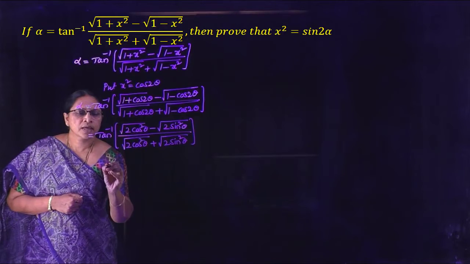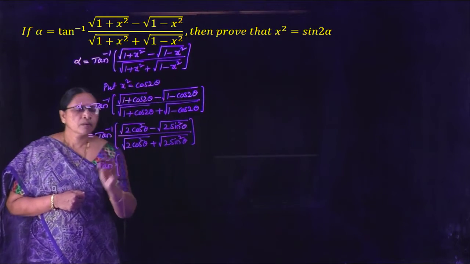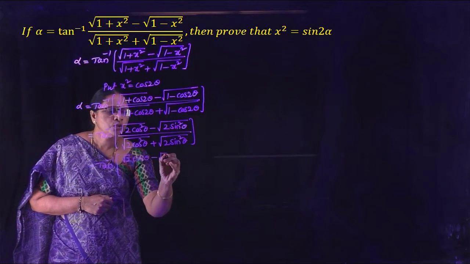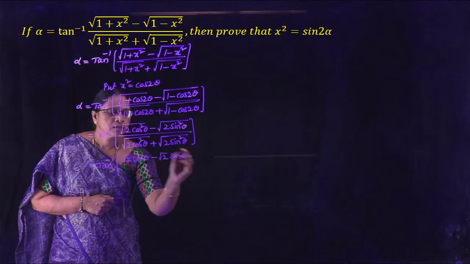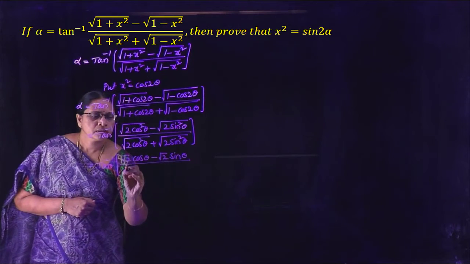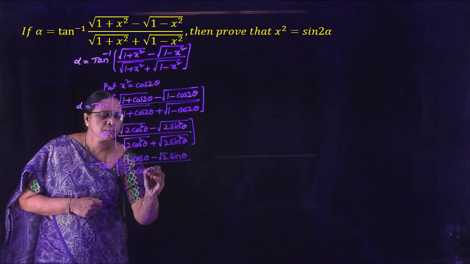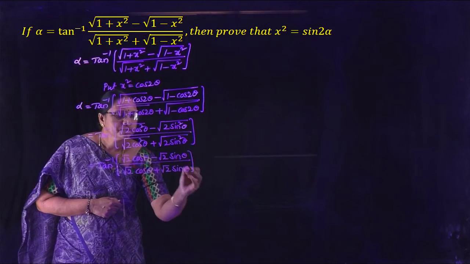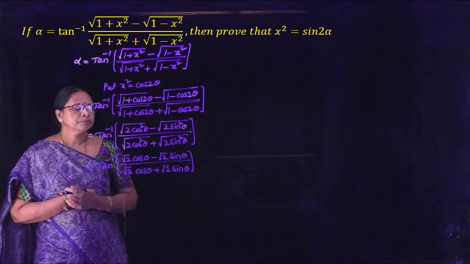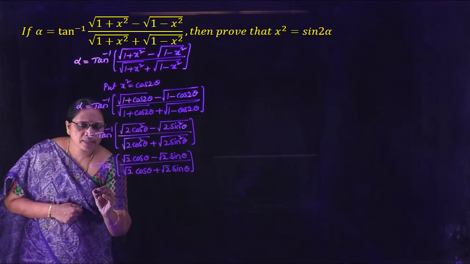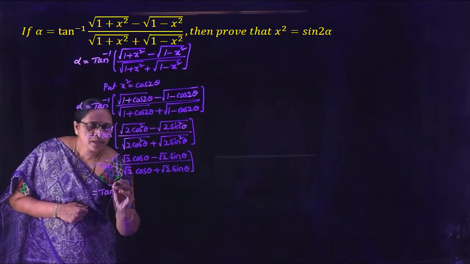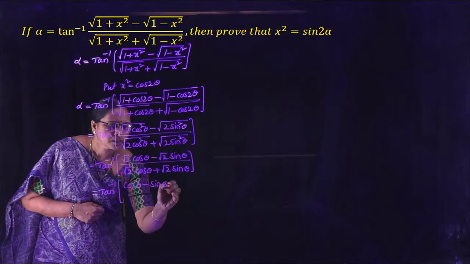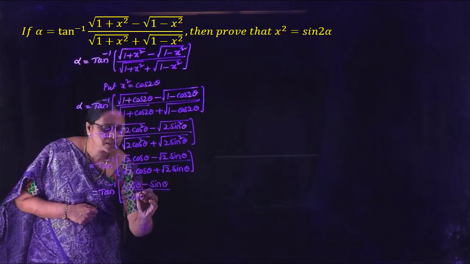That equal to tan inverse of root 2 cos theta minus root 2 sin theta whole divided by root 2 cos theta plus root 2 sin theta. Here in numerator and denominator root 2 is common and gets cancelled. Tan inverse of cos theta minus sin theta by cos theta plus sin theta.